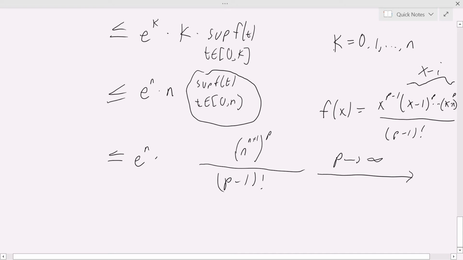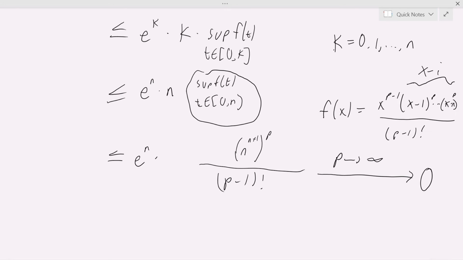And when p goes off to infinity, the denominator dominates the numerator, and therefore this entire quantity goes to 0. That's, by the way, including this e to the power n out front. That's just a constant with respect to p. So again, remember, p is an arbitrary prime, and since there are infinitely many primes, it does make sense to take a limit of primes going off to infinity. So this is a well-defined limit, and clearly this does go to 0.